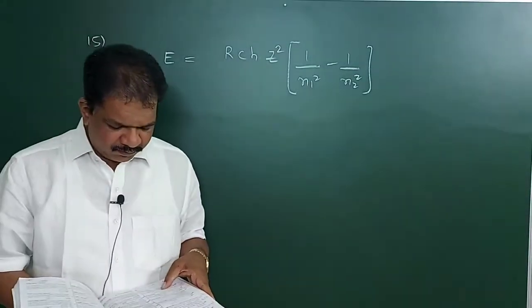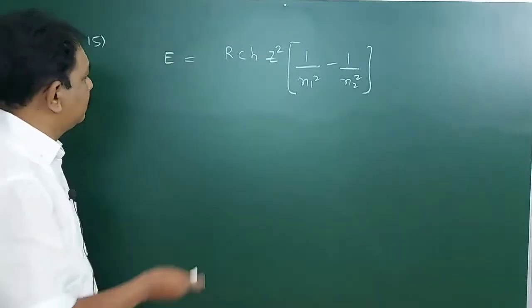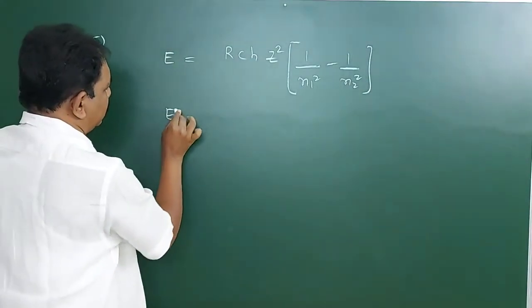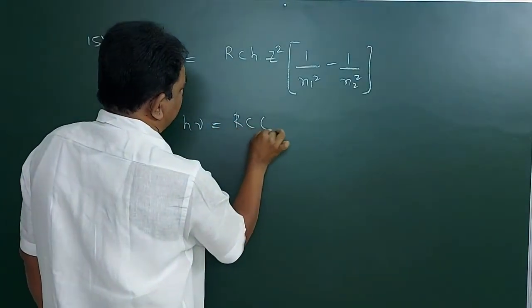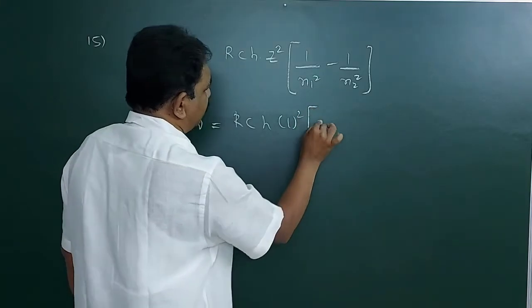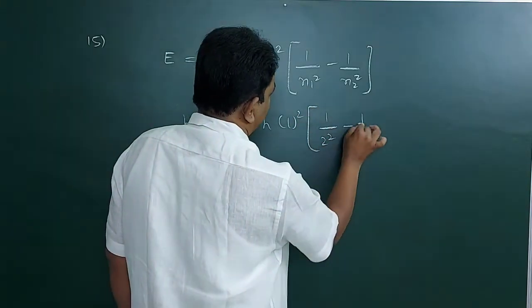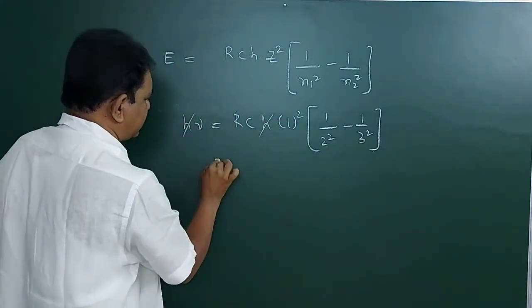It jumped from 3 to 2. Then E is equal to H nu, RCH, Z value 1. This is 2 square, this is 3 square. H will cancel.